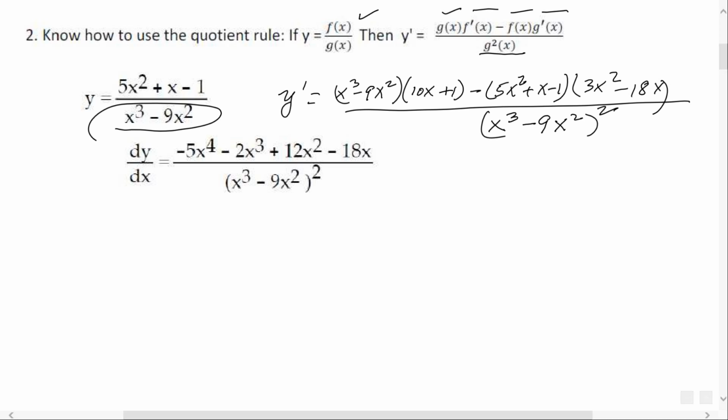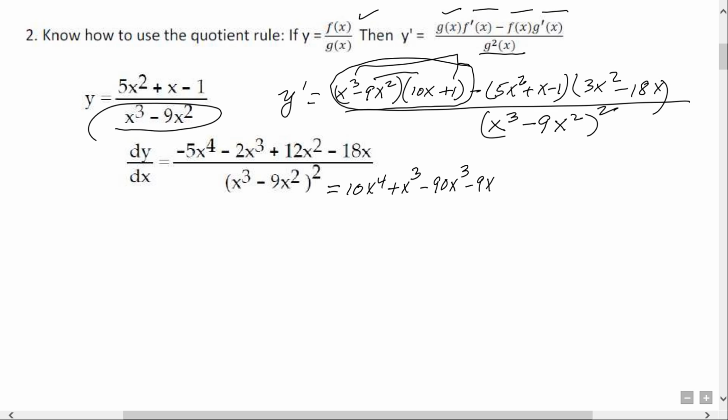Now, simplifying this, multiplying these two polynomials together, we would get x cubed times 10x, which is 10x to the fourth, x cubed times 1 is x cubed, minus 9x squared times 10x is minus 90x cubed, and then the last is minus 9x squared.